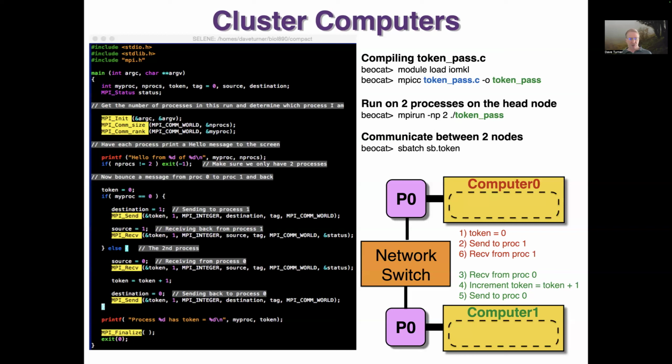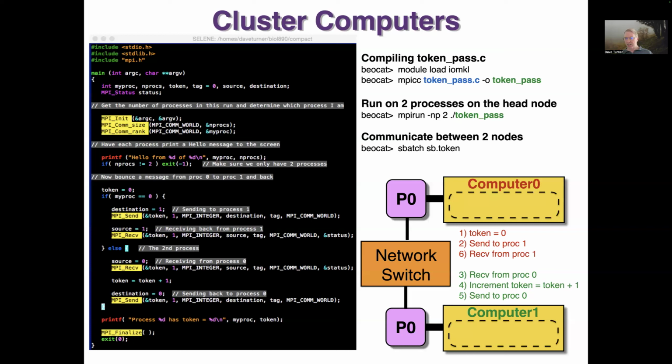Then I'm going to do a blocking receive and sit there and wait for a message to come back. The else statement means that the second process on the second compute node is going to do the receive first. It's going to sit there and wait until it gets a message from computer 0, increment the token once, and then send it back.